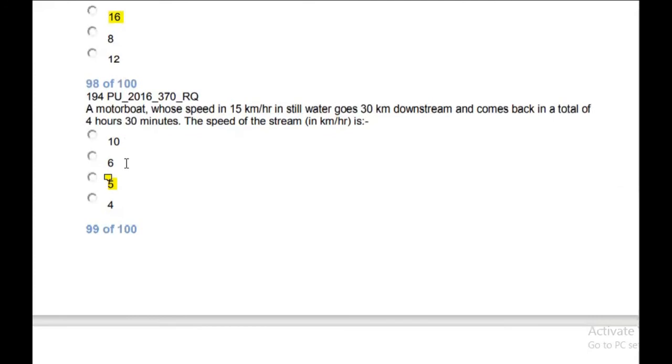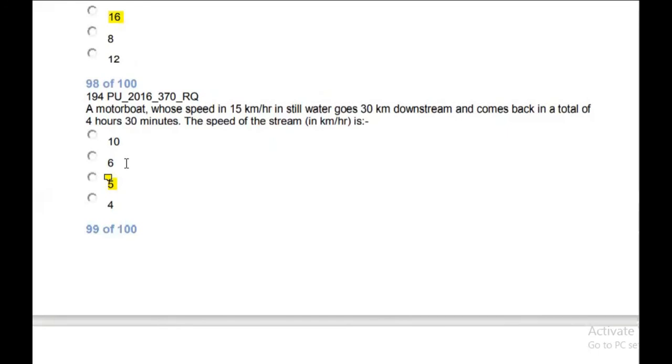Next question, question number 98. A motorboat whose speed is 15 km per hour in still water goes 30 km downstream and comes back in a total of 4 hours 30 minutes. The speed of the stream in kilometers per hour is?